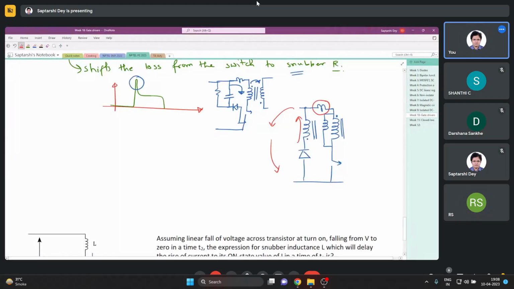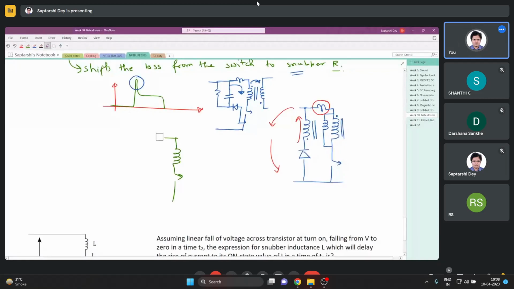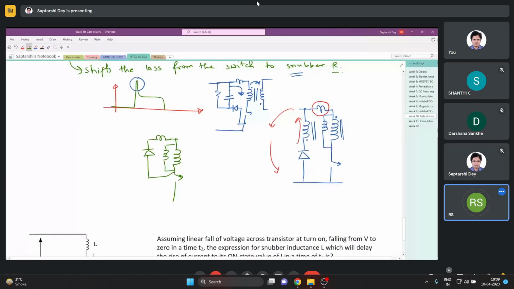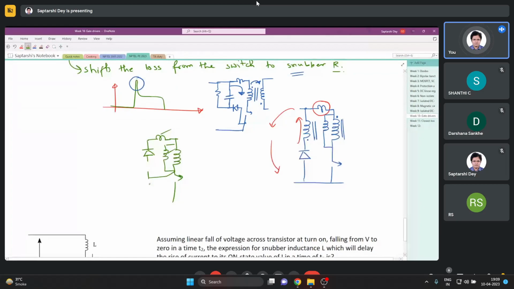But if you consider a lossy reset circuit like this, then the whole energy stored in both leakage and magnetizing inductance is dissipated in this resistance.